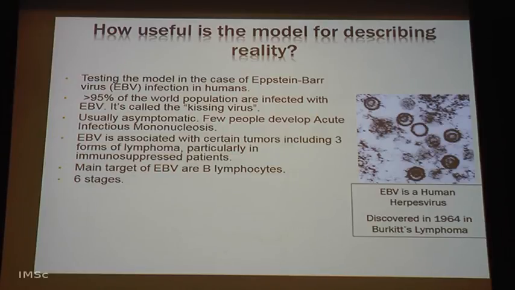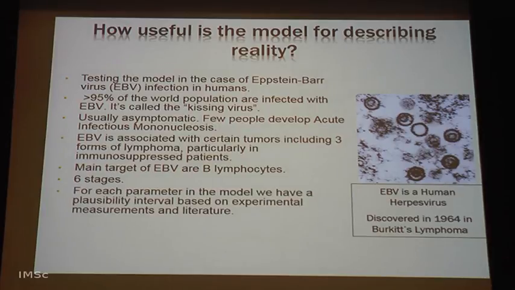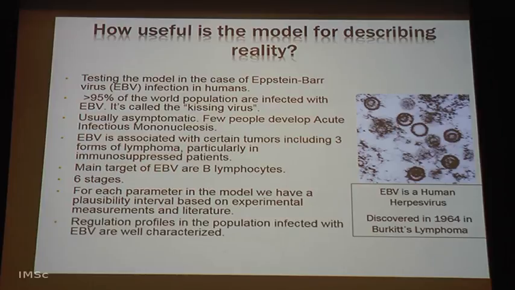There are 6 stages. I will tell you which those stages are. And for each of the parameters in the model that I just described, we have not specific values, but we have a whole interval of plausible values. And that is based on literature or measurements that were done in the lab in which this work was conducted.